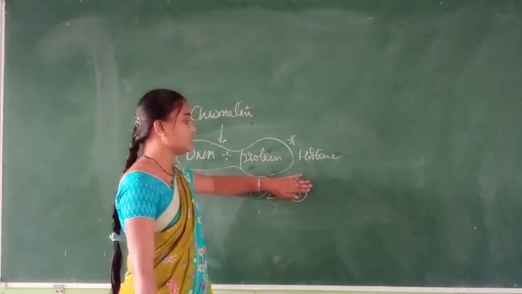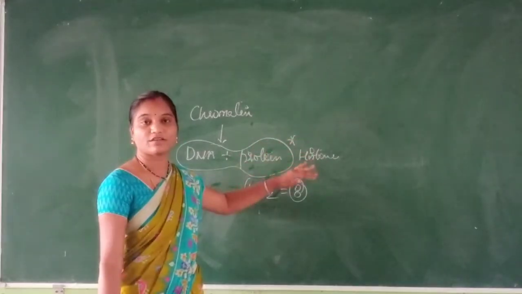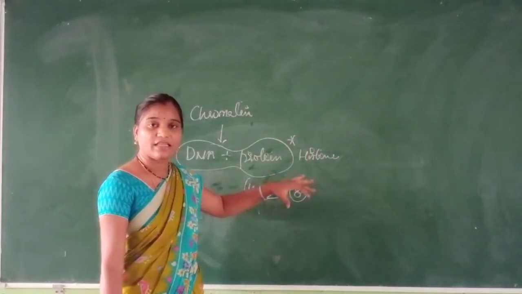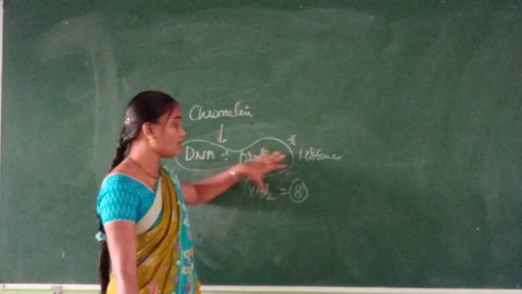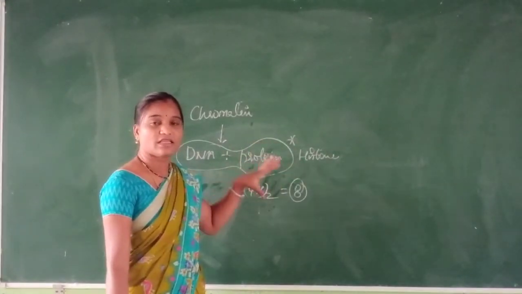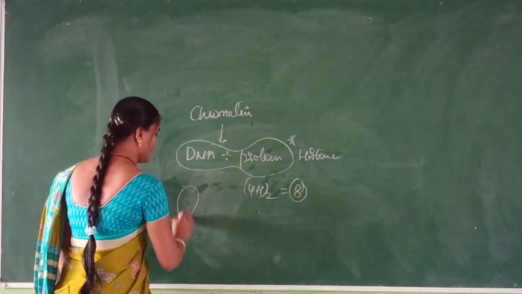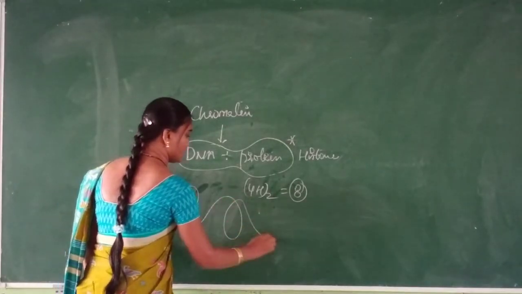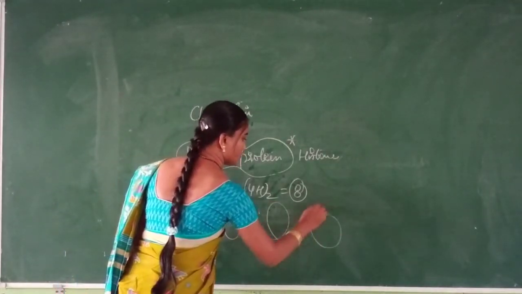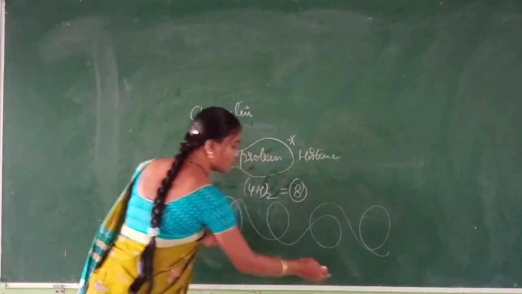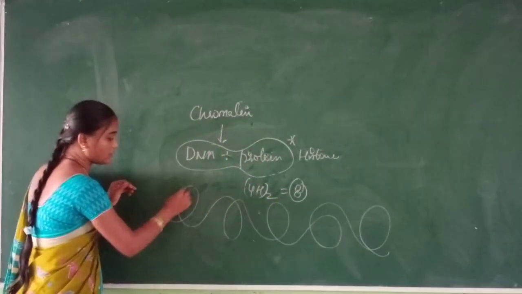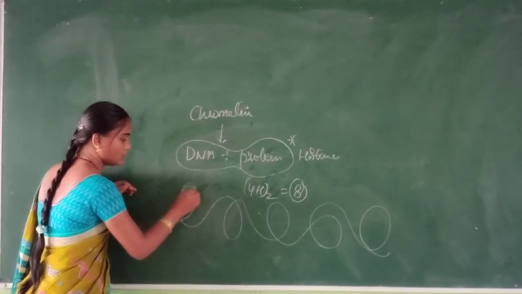So this is your chromatin. This complex is arranged in a bead and string form. This is your bead and this is your string. This is your bead, and this is not much condensed. This is your histones.